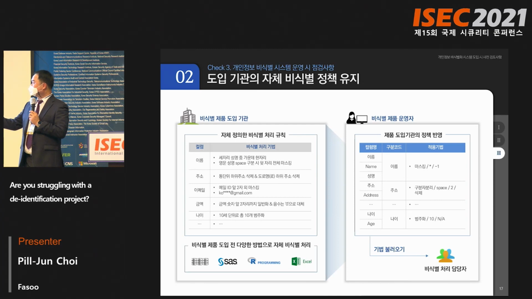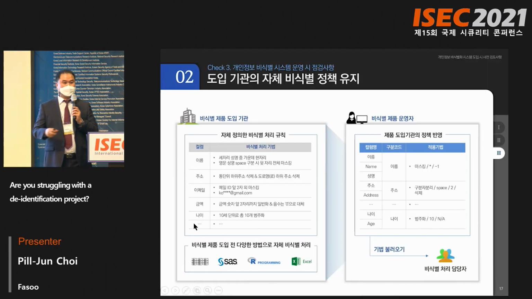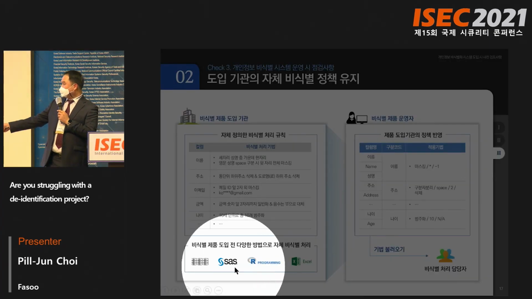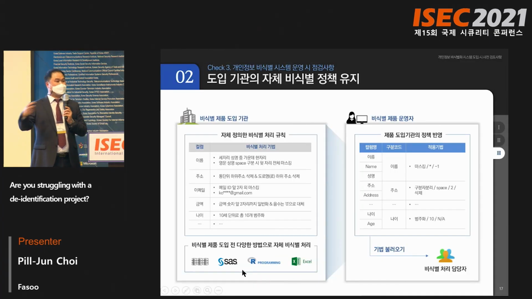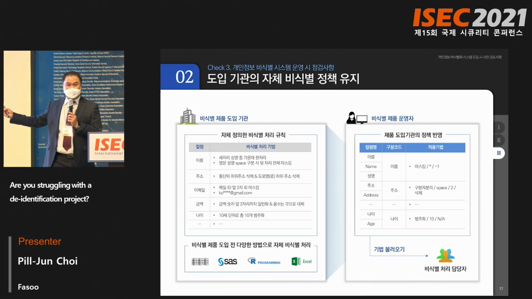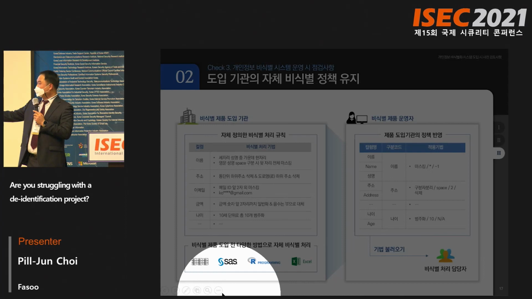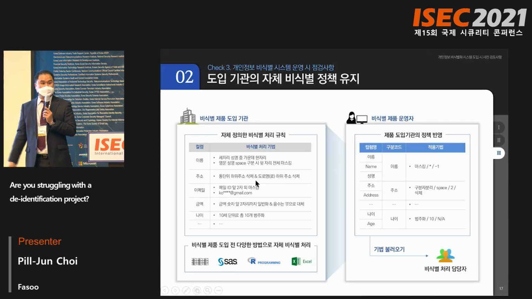For example, we process names with specific techniques, and they will have rules for processing amount, age, email using SAS. But because of legal situations, the companies are introducing a new de-identification system, and you want to link the previous tools to the new system.